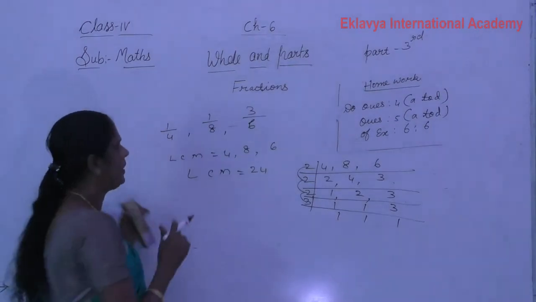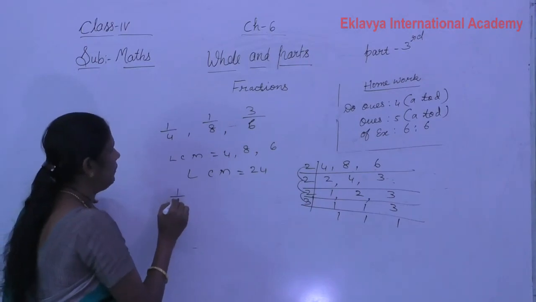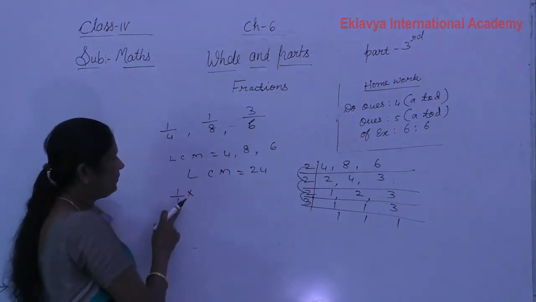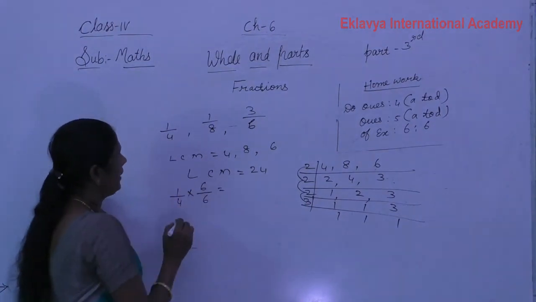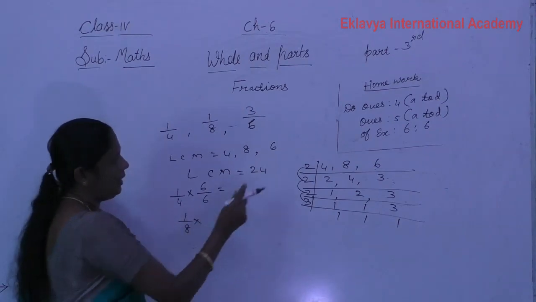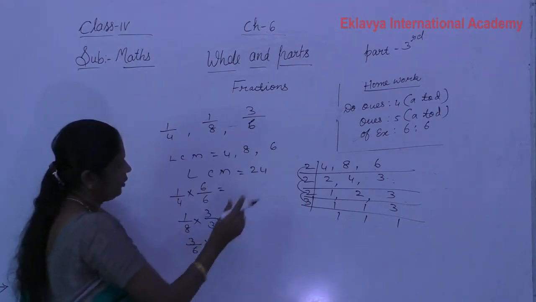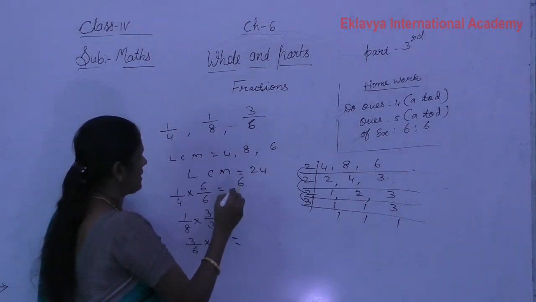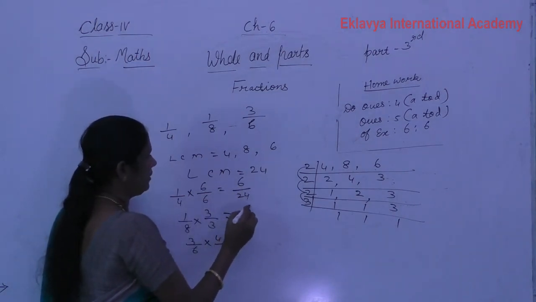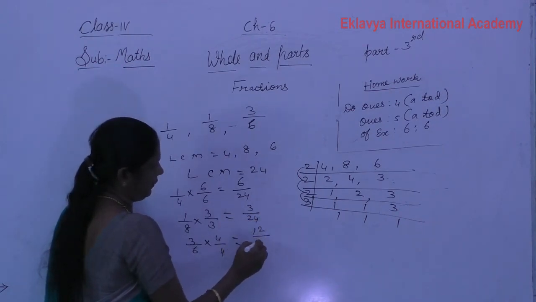Now next step, LCM divided by each denominator. 1 by 4 multiply: 24 divided by 4, 6. Here 1 by 8: 24 divided by 8, 3. Then 3 by 6: 24 divided by 6, 4. Then 6 upon 24, then 3 upon 24, then 12 upon 24.